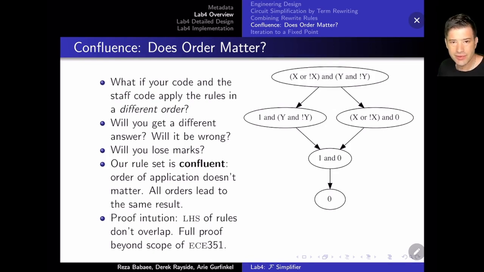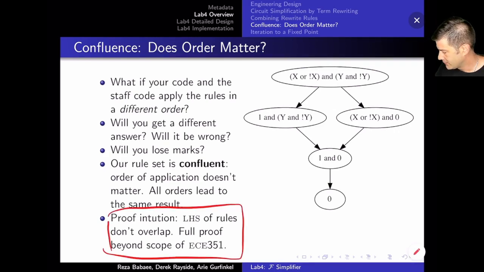And if we have a set of rewrite rules which is not confluent, then writing a term rewriter gets a lot more complicated. It's a lot harder to then guarantee that you're going to get, say, a deterministic solution, always the same or the smallest. So unless there's something special, you always want your set of rules to be confluent. Now, how do you know that they're confluent? The technical proof itself is not that easy. The intuition is kind of simple, and it is given to you here.